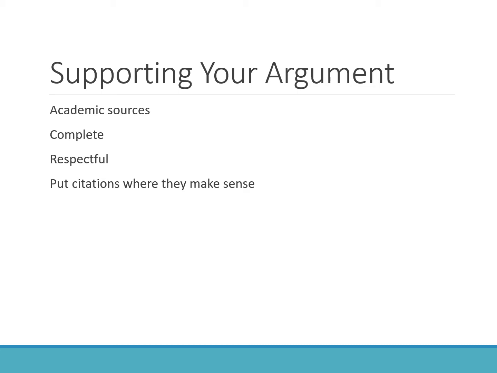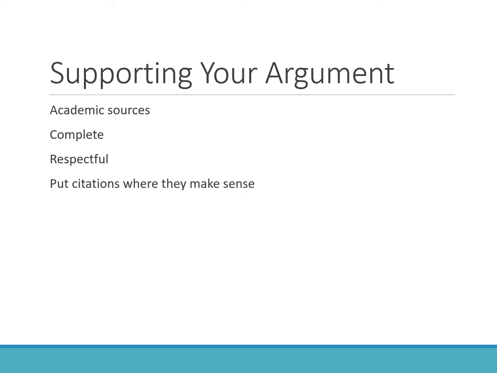And just another note as you're writing, you want to make sure that you're putting citations where they make sense. So generally citations go at the end of a sentence, but if you have multiple ideas in your sentence, you want to put the citations at the end of a thought. Often this comes before a comma or other punctuation.